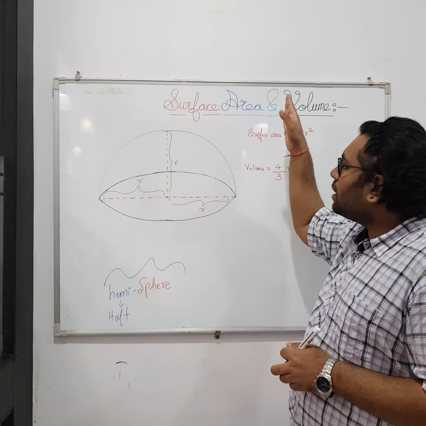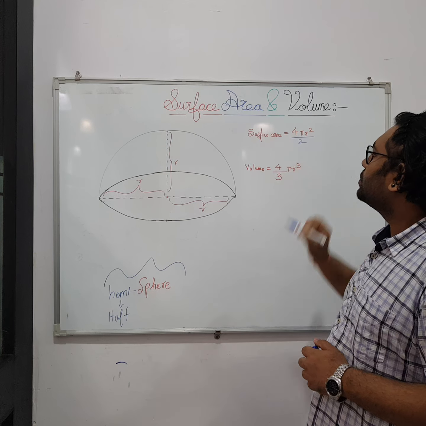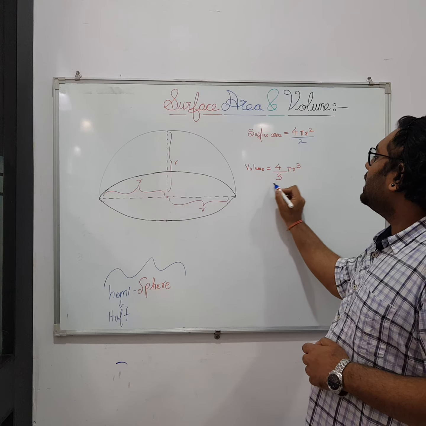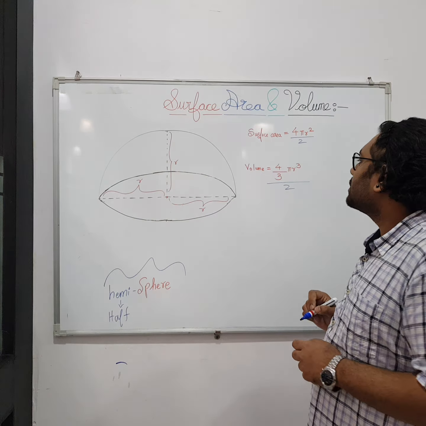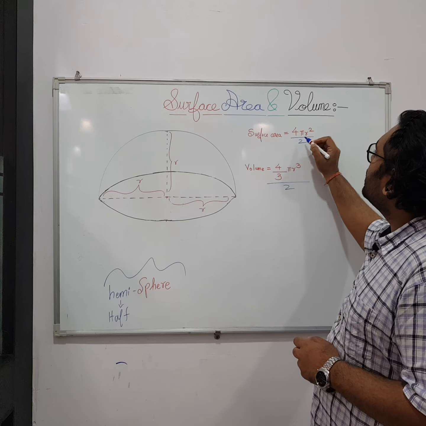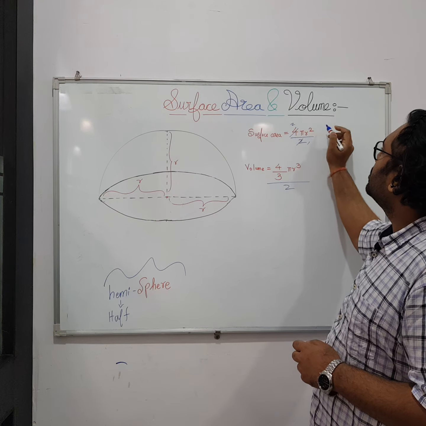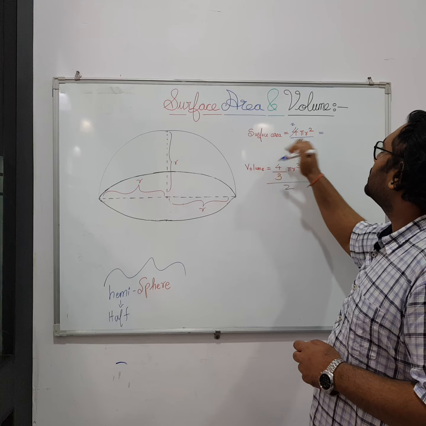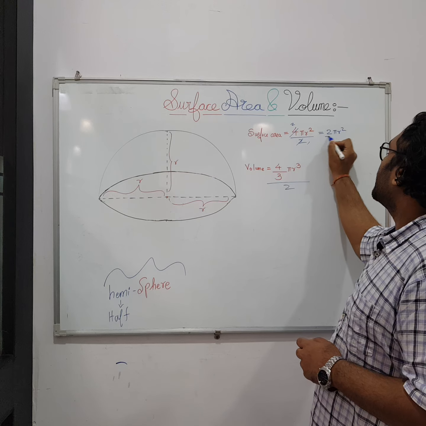Cutting a formula into half means dividing it by 2. So over here, if you cut this, 2 into 1 is 2, and this is 2 into 2. So you get the surface area as 2 pi r square.